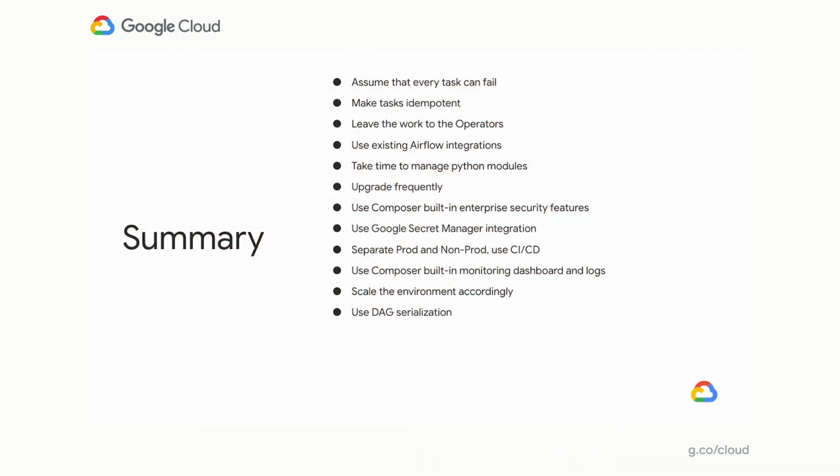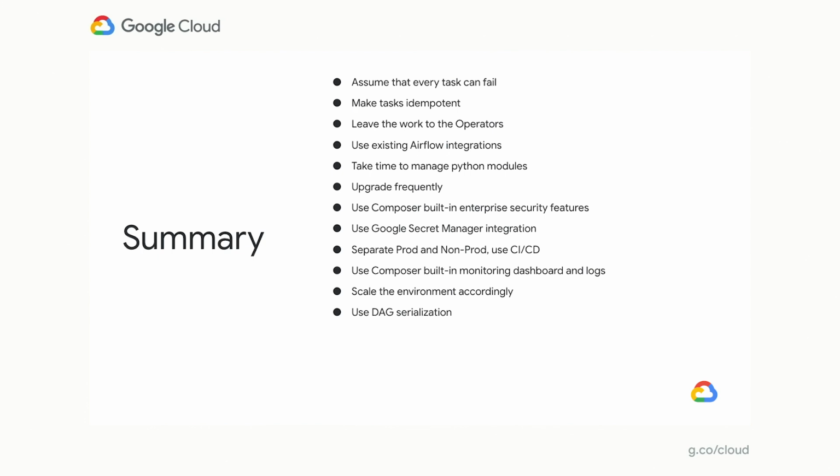So with that, let me very quickly recap all the items that we have gone through very quickly today as a way to hopefully help you manage and implement your DAGs in a way that gives you the biggest benefits from using the product. So again, assume that failures will happen and are likely to happen even for the best and the most reliable endpoints.